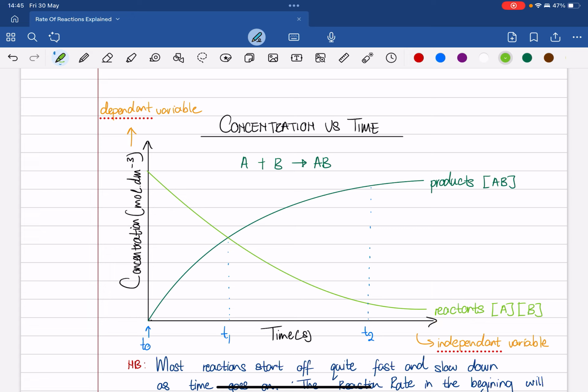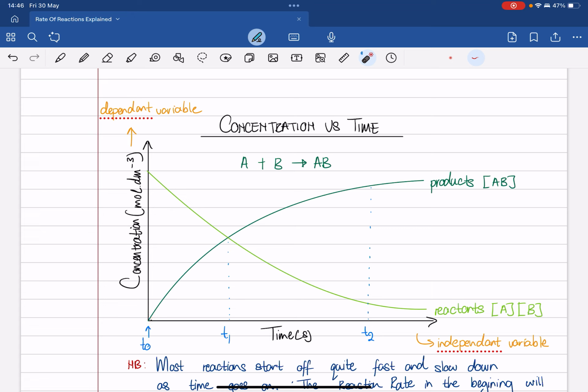So what is happening here? For our reactants, what we can see is they start off at a high concentration. So we start off with a high concentration of A and B, while our products at the initial time of 0, at the start of the reaction, start at 0, right?